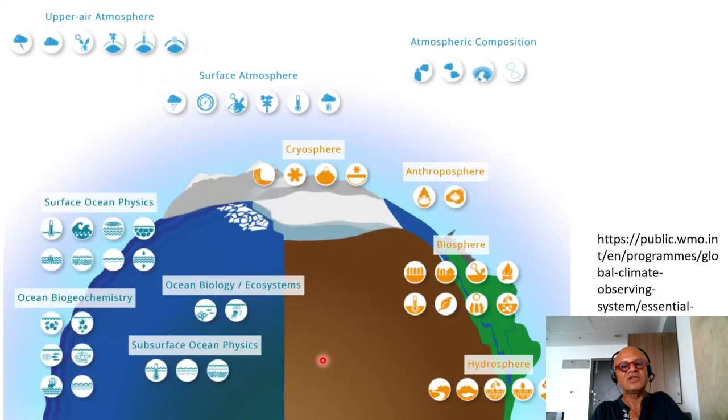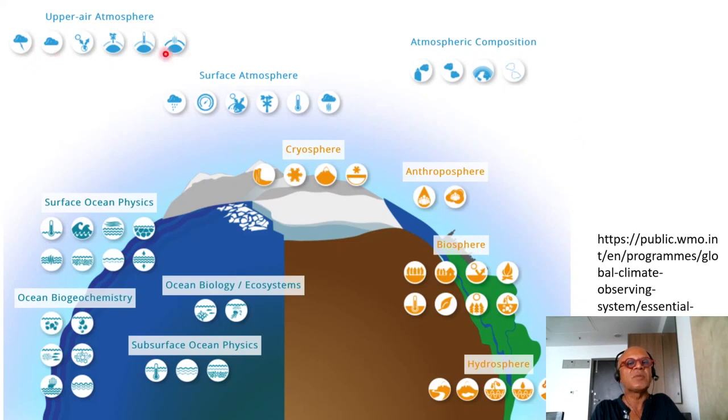Okay, so organizations like the World Meteorological Organization, along with the scientific communities, define what are called essential climate variables, which are any physical, biological, chemical variables that affect Earth's climate.